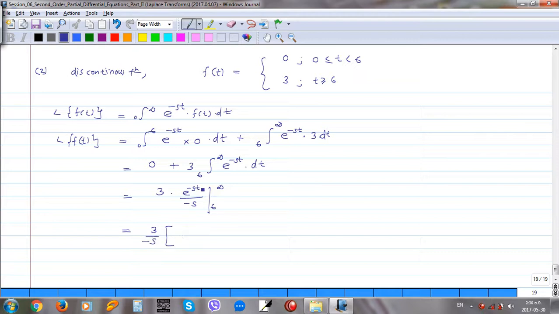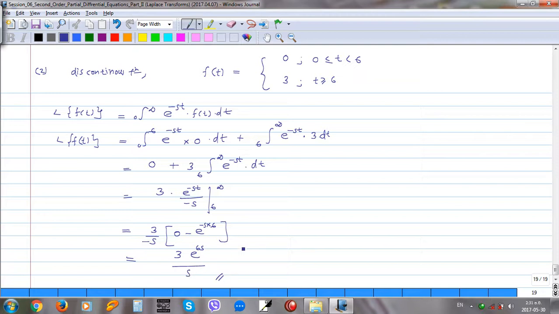If you substitute infinity, 1 over infinity is 0, then with e to the power minus s times 6, we get 3 e to the power minus 6s over s. This is the answer.